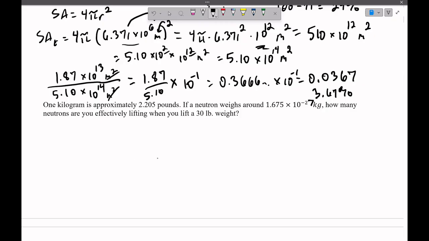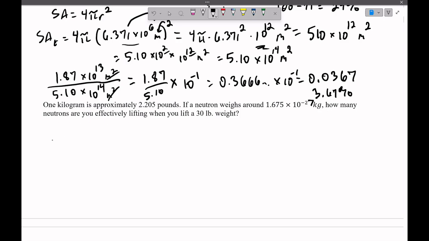So there's a couple ways we can do this. Of course, we can do pounds to kilograms and then divide that out. Or we can do kilograms to pounds and then divide it out. Either way, you should get the same answer. Let's do pounds to kilograms and go from there.